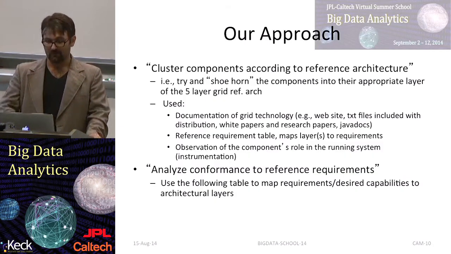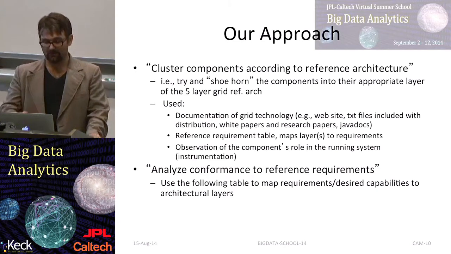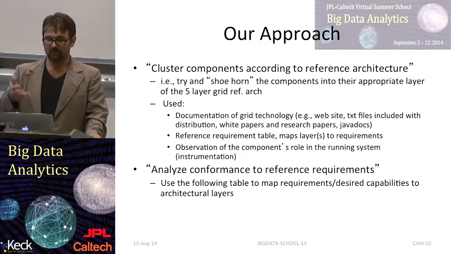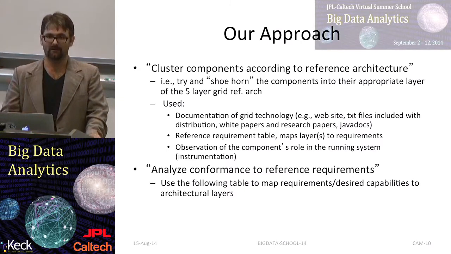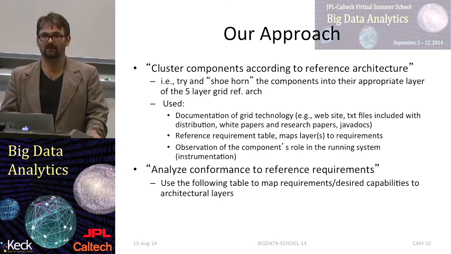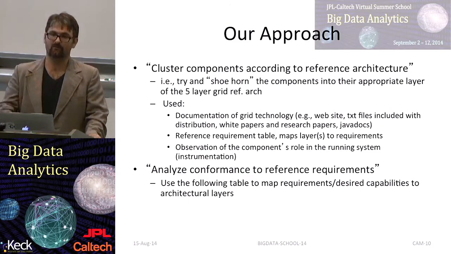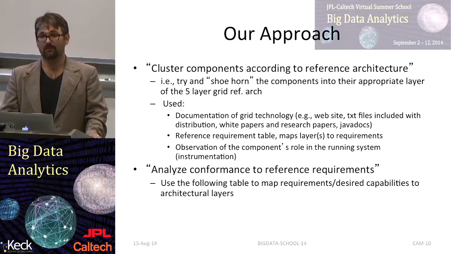Okay, so I basically talked through this visually on the last diagram. Again, we clustered our components according to the reference architecture and shoehorned them in there from that recovered architectural model, which we gleaned according to that focus approach, and then we used the reference requirements to give us further information about what layer in the grid architecture the components or the connectors should go into.